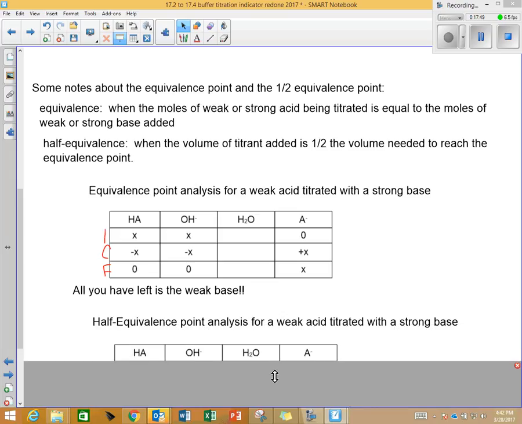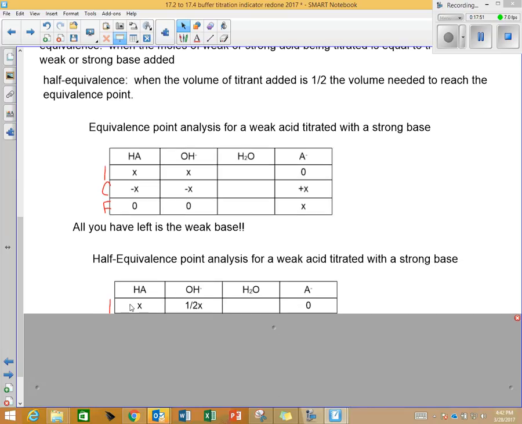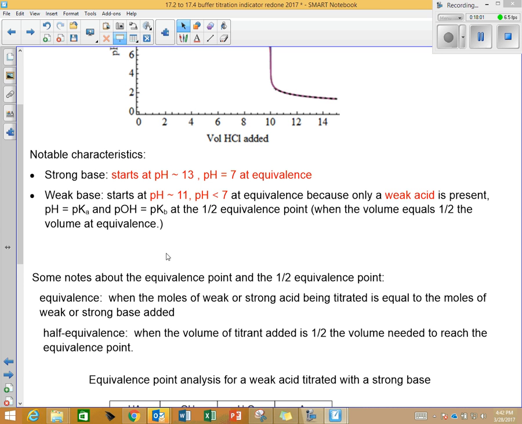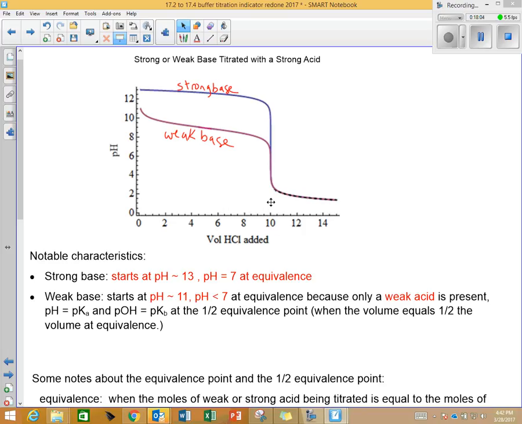Now let's look at half equivalence. At half equivalence, you have half as much of the strong base as the weak acid that you started with. That's the definition of half equivalence. When you have half of the original volume, you'll have added half as many moles.